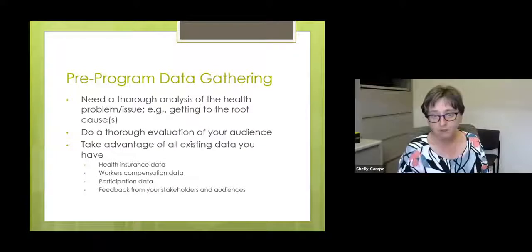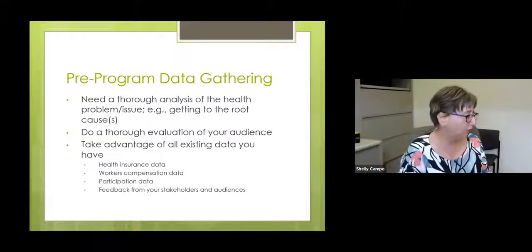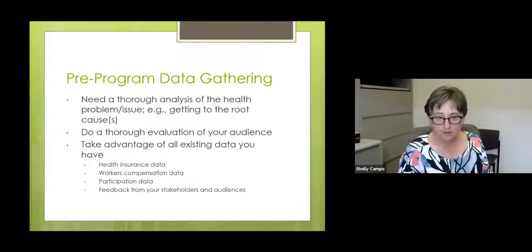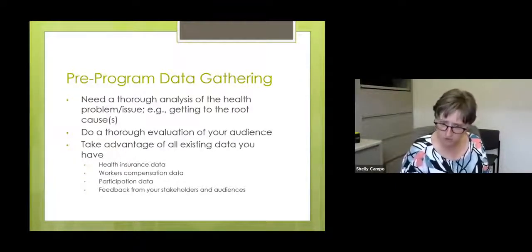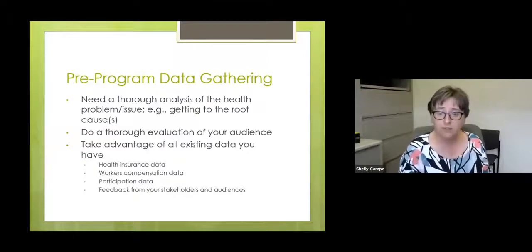And you might be regularly getting feedback from stakeholders and audiences, either in phone calls or short surveys or focus groups, or just more generally going to community meetings, and what those agendas had in them, and what the minutes shared with you say in terms of how people are thinking about whatever that issue is.